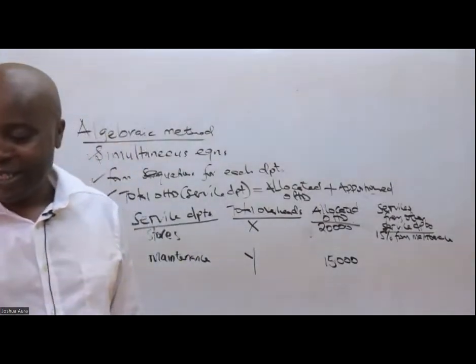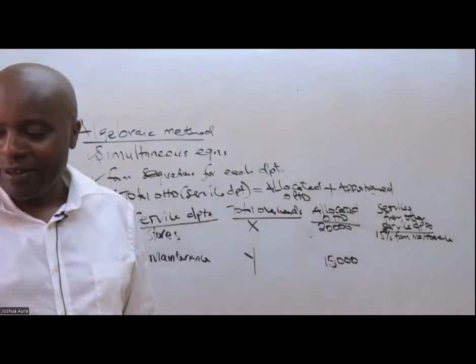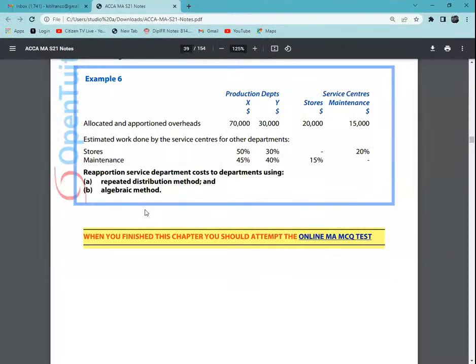Perhaps I should display here. Was it served by the stores? And yes, what percentage of work was done to it? What percentage of work was done to maintenance?